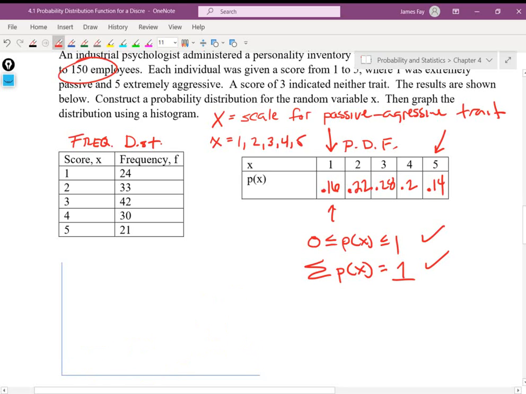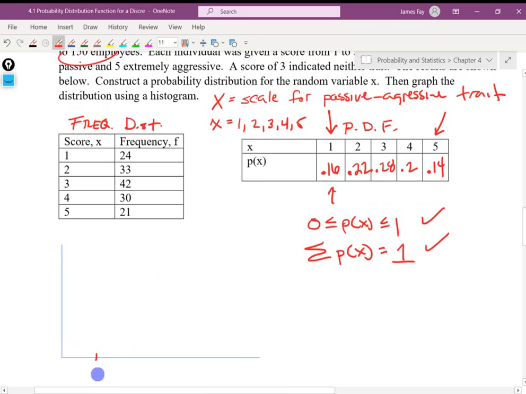It's really nice making a histogram with discrete data, because your x-axis just becomes the discrete variable. So 1, 2, 3, 4, and 5. If you remember what we did with histograms, we're going to have a rectangle where we use that marker for 1 to be the midpoint of the bar of that category.